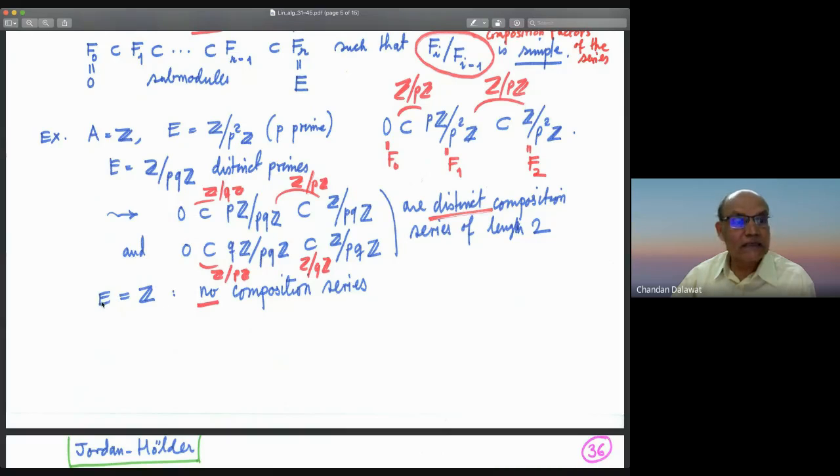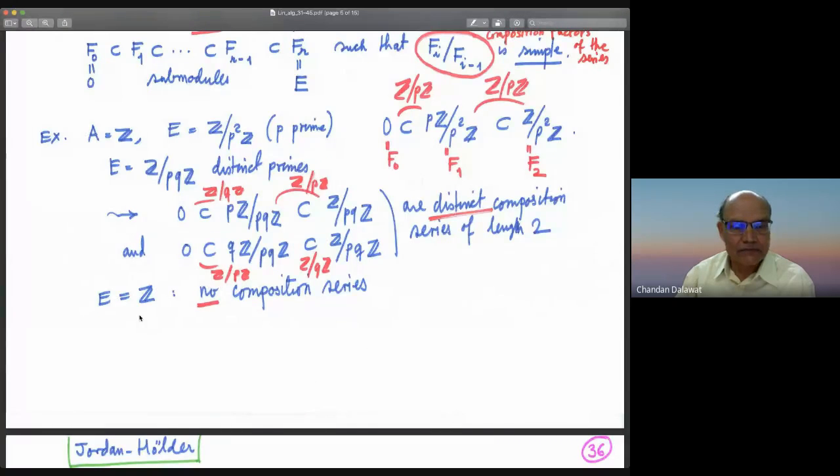For example, the Z-module Z has no composition series, because one of the reasons is that it doesn't have a simple submodule. We know what the submodules of Z are. They are all isomorphic to Z itself.